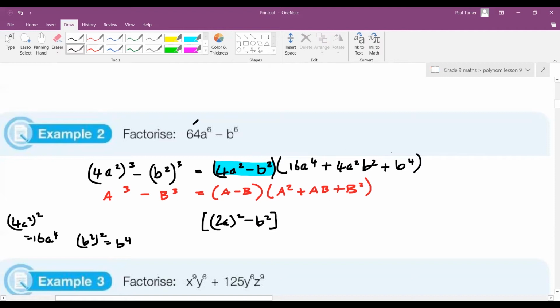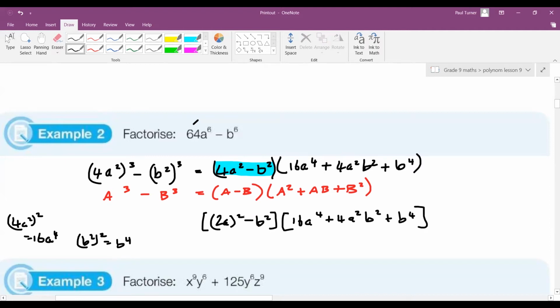Actually, this can be factorized. This is a special case, and I'll show you why in a minute. So this lesson is actually going to take two periods, this week and next week, because I've got a little bit to talk about. 4a squared b squared plus b^4, like that.